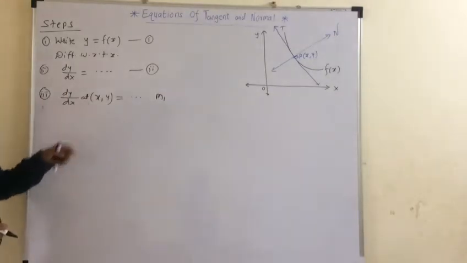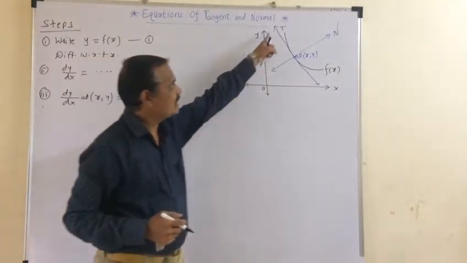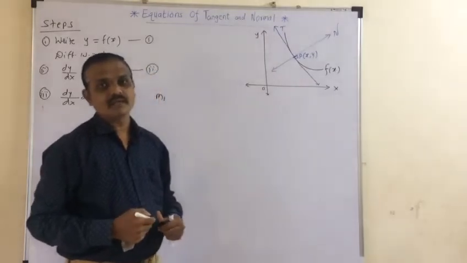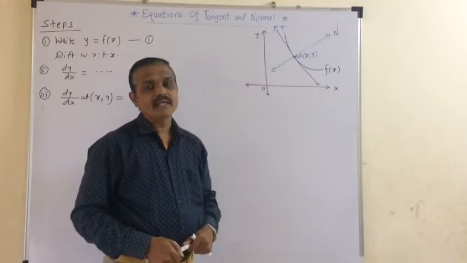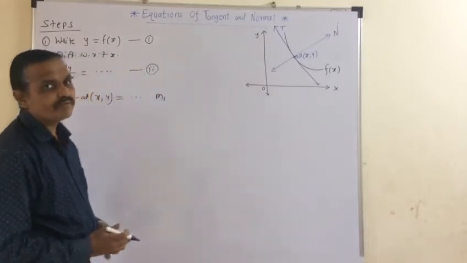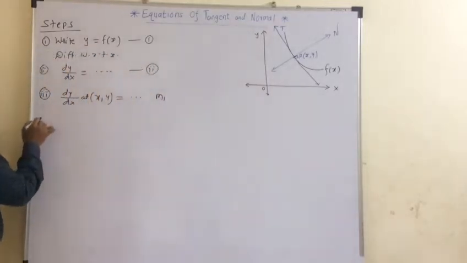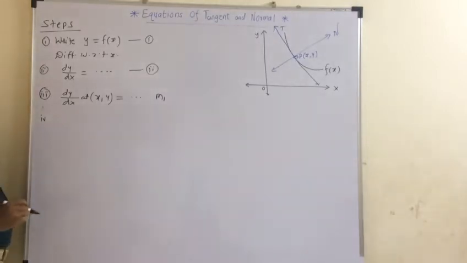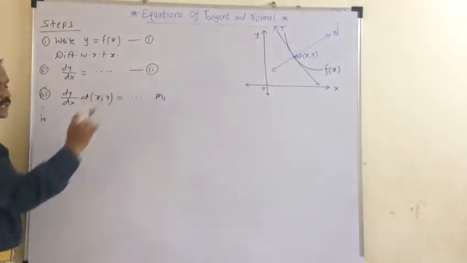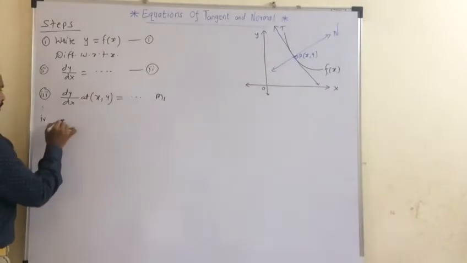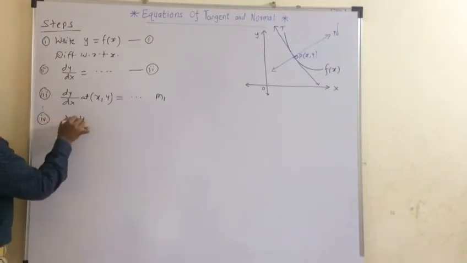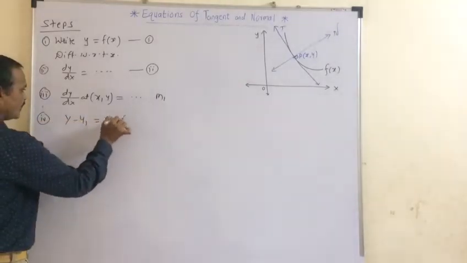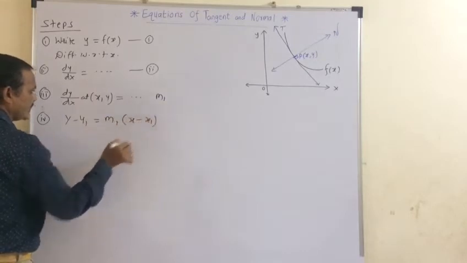Now tangent is also a line, so we have to write equation of tangent in slope point form. As finally in fourth step we write equation of line in slope point form, that is y minus y1 is equal to m1 into bracket x minus x1.